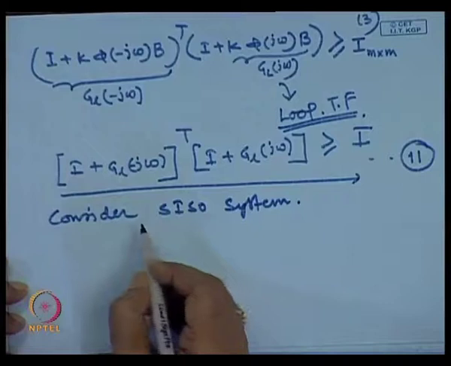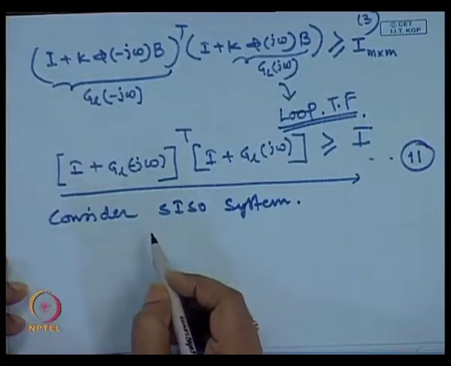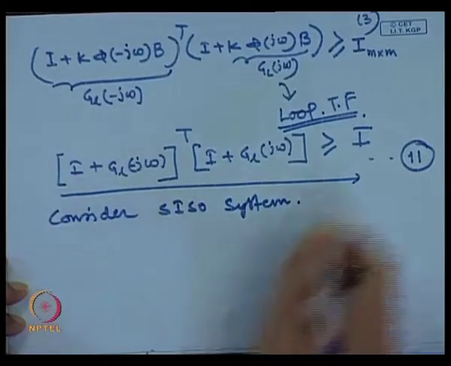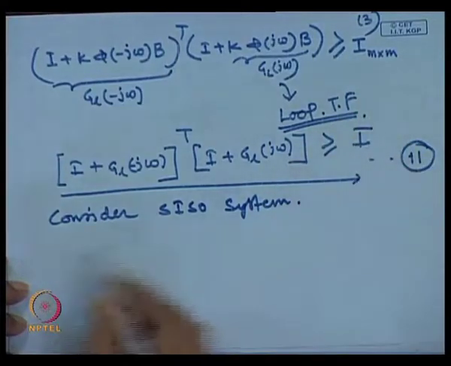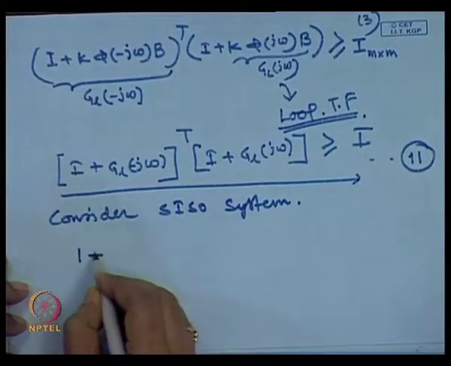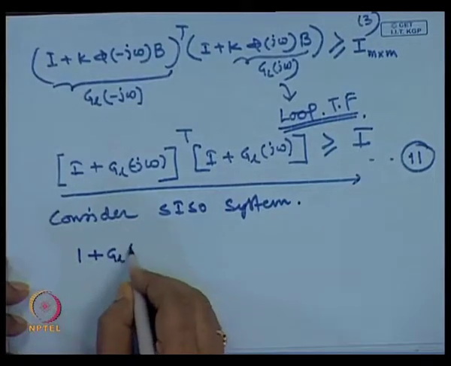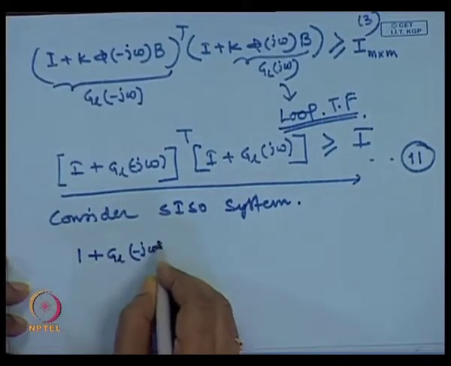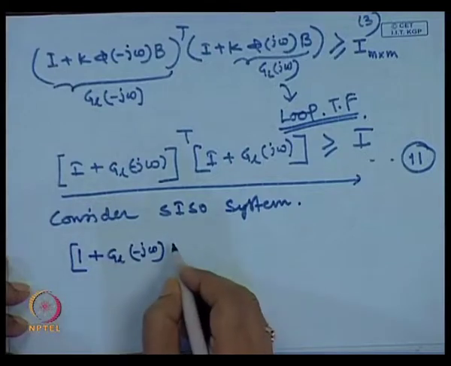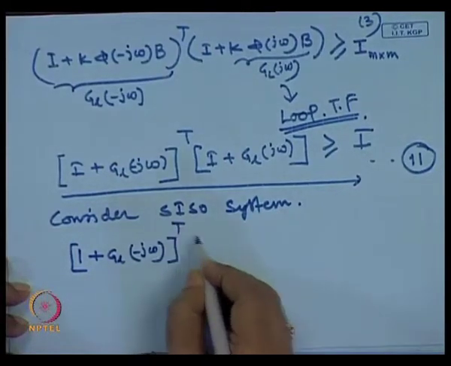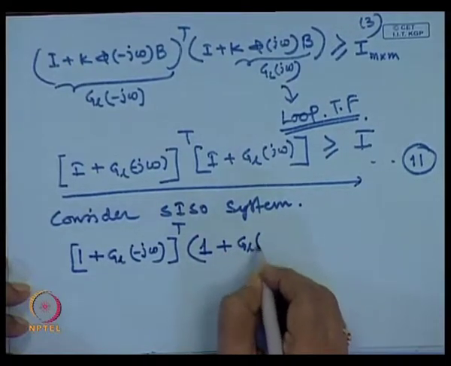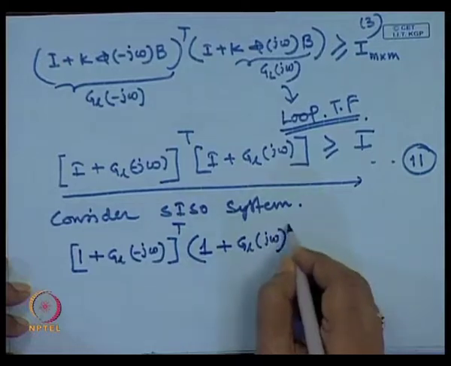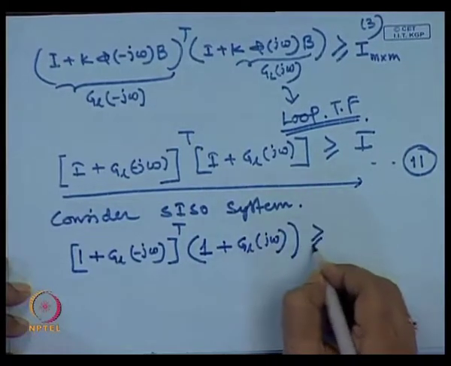That means our R is equal to 1, and in this case the dimension will be 1 cross 1. So, I can write (1 + G_L(jω))^H (1 + G_L(jω)) ≥ 1.